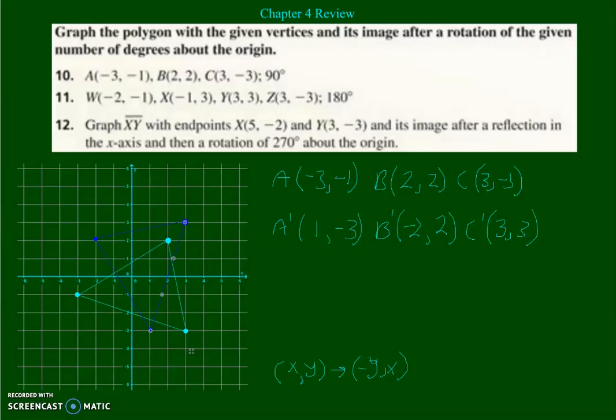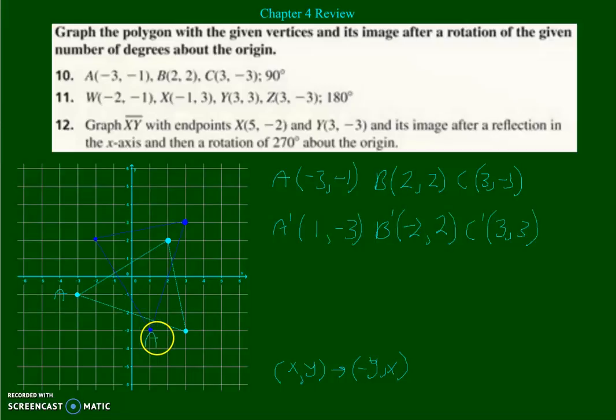Okay. So what we had originally was we had A at -3, -1. So this is A, and this is A prime.